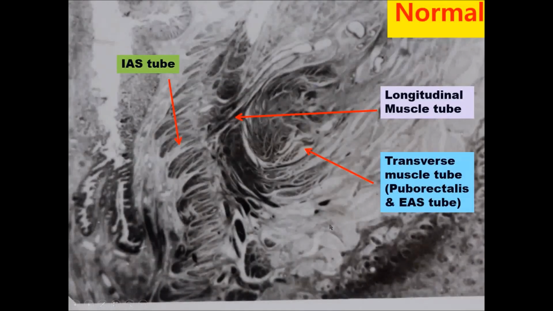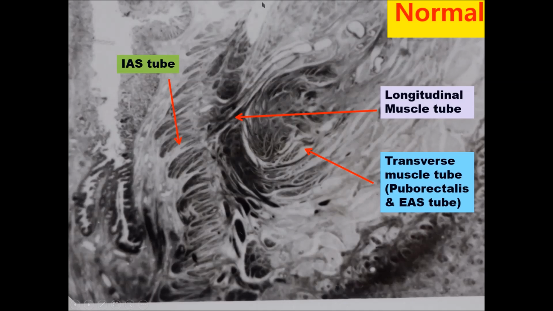In the magnified view, this is the anal canal. This is the internal anal sphincter, which comes from the circular muscle of the rectum. In the anal canal region, the circular muscle becomes hypertrophic and thick. This is the longitudinal muscle of the rectum.